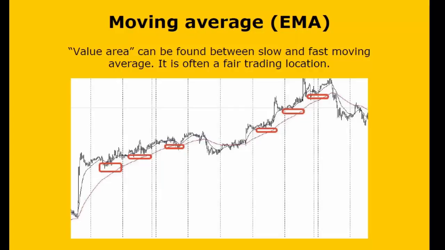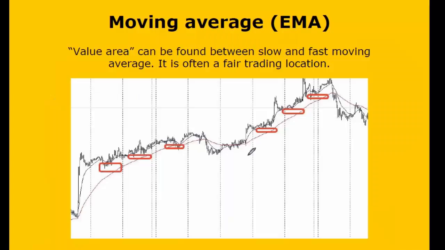So the relationship between price and value is the most important thing in trading. When we build two moving averages, a slow one and a fast one, the value area can be found between the slow and fast moving average. It is often a fair trade location. Of course, it is fair for a trending market, right?